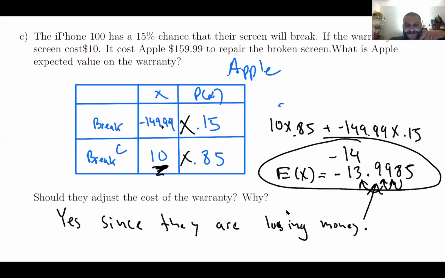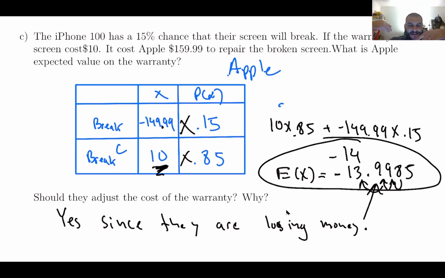All right, everybody good for this last one? All right, so that's the expected value. So in a test or in a quiz, most likely in a test, if I ask you to find the expected value, this is what I'm asking you to do.